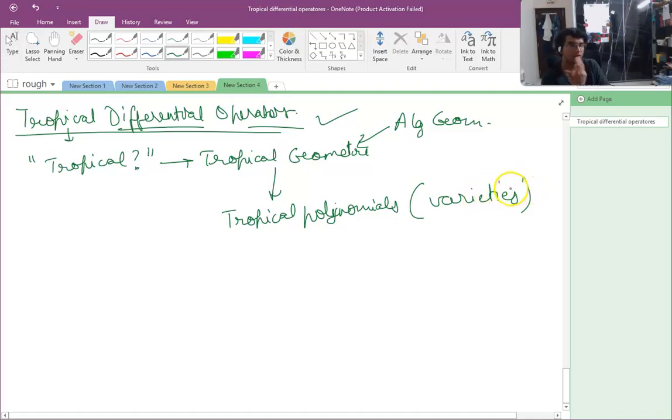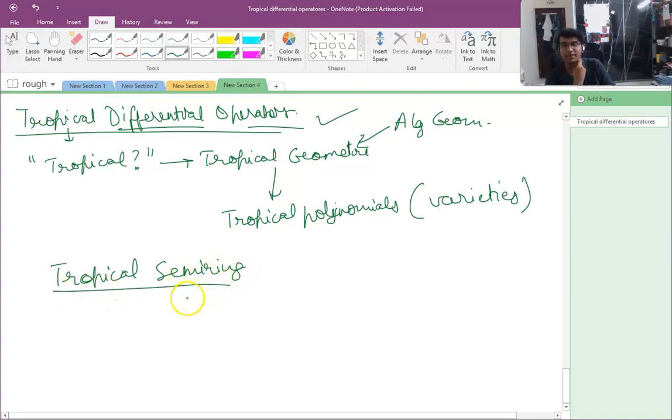So what is tropicalization? The main object of study is something called a tropical semi-ring.